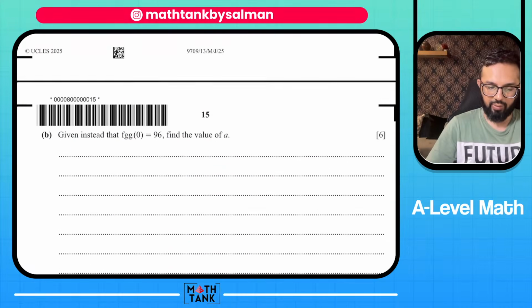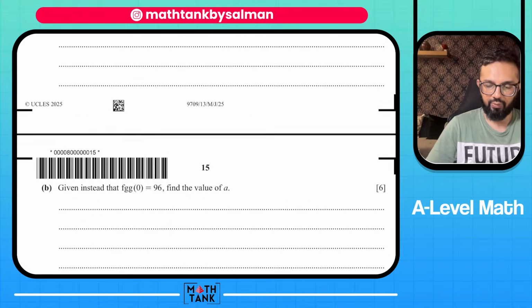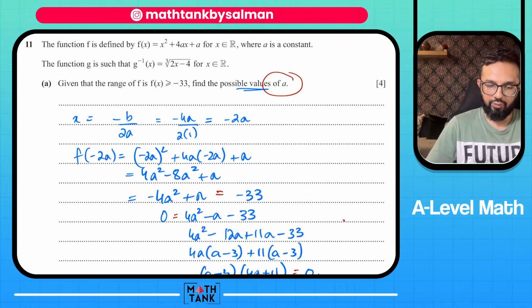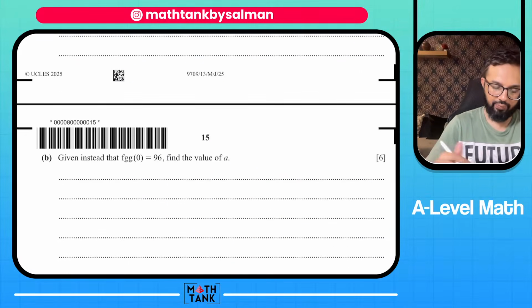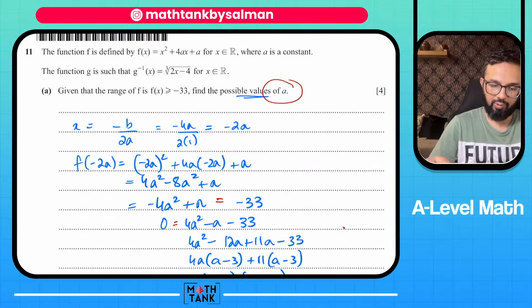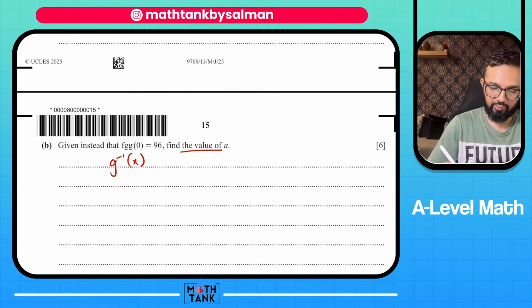Okay, then we have given instead that fgg of 0 is equals to 96. Find the value of a. fgg. Okay, so I have to first find g inverse of x. It's cube root of 2x minus 4. So y is cube root of 2x minus 4.